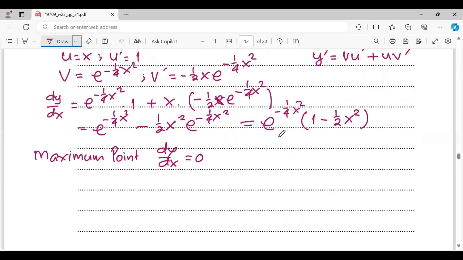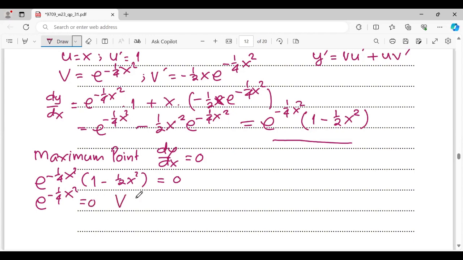So e power minus a quarter x squared times 1 minus half x squared equals 0, so there are two solutions. e power minus a quarter x squared equals 0, or 1 minus half x squared equals 0.